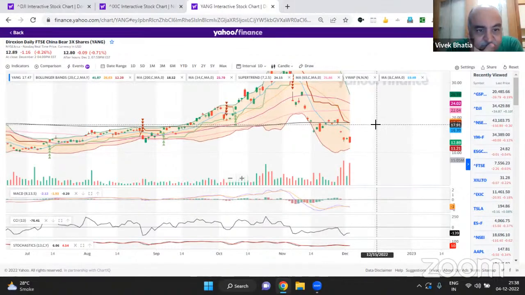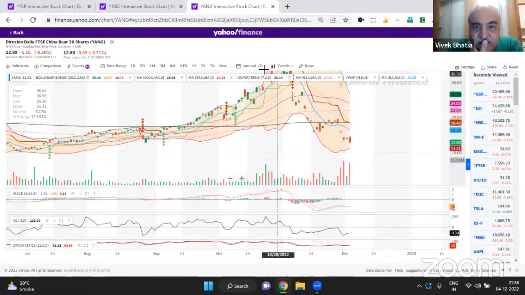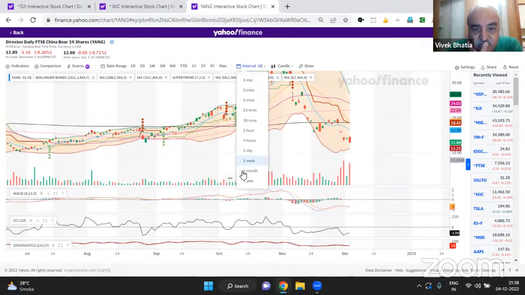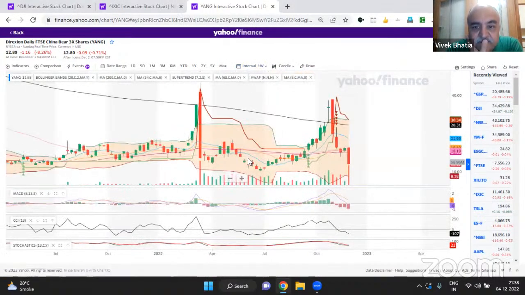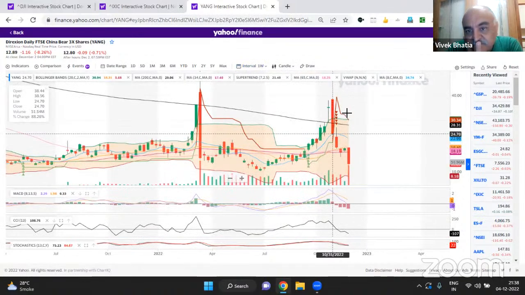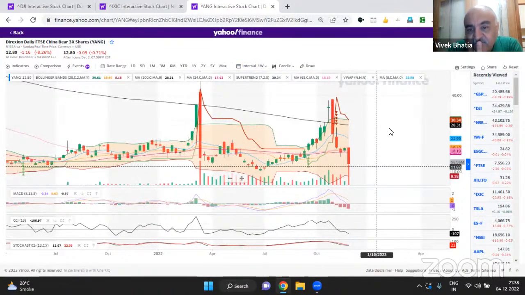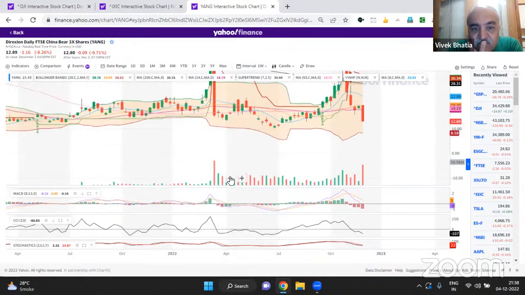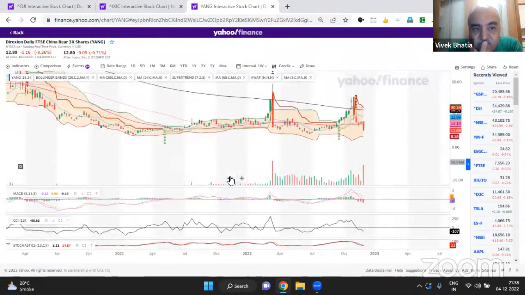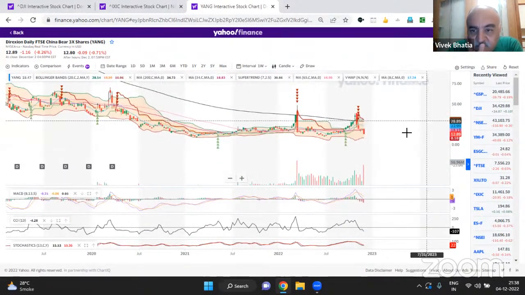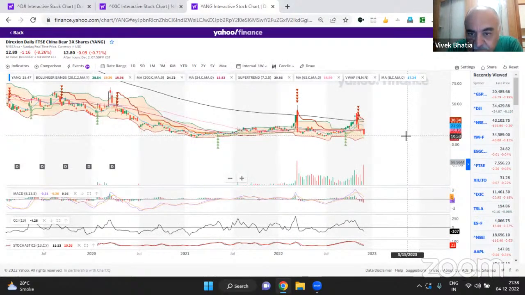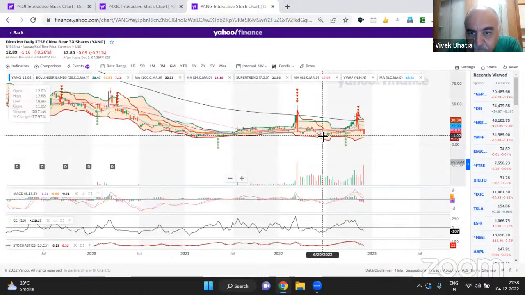Well, if I was to actually look at it, it's going to fall further. Weekly. So weekly support somewhere over here, $11 or $10.